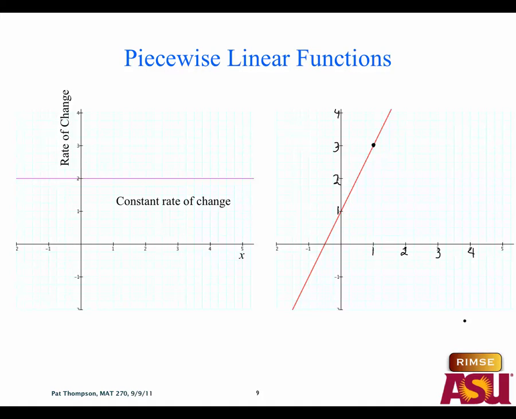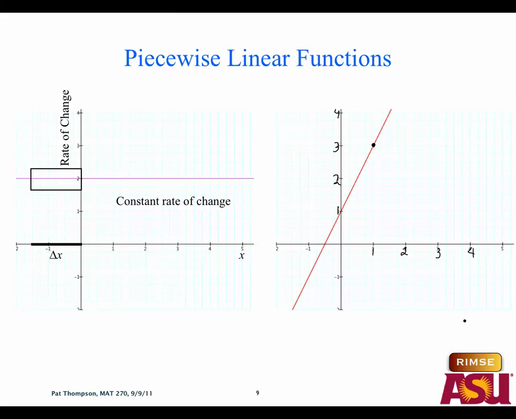Here's a different way to show a constant rate of change of 2. Instead of the y-axis being some quantity, some y value, now the axis is showing rate of change value. So does this show a constant rate of change of 2?